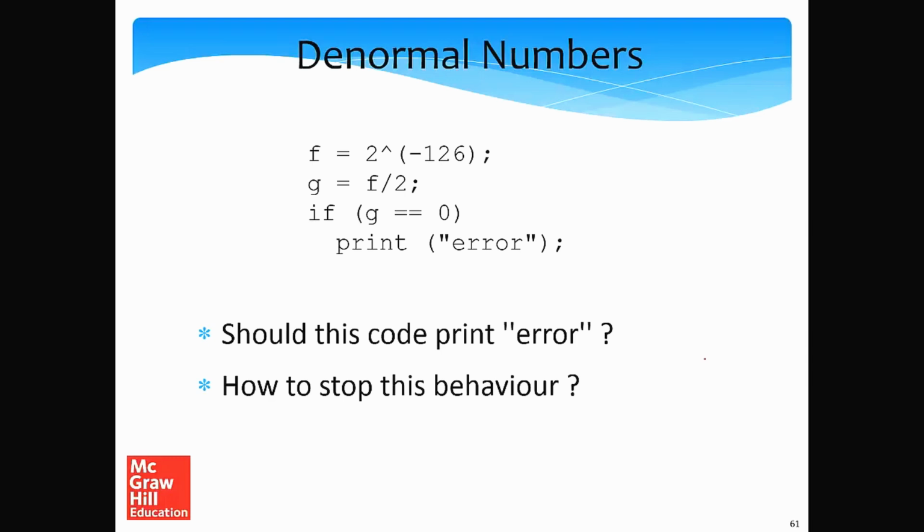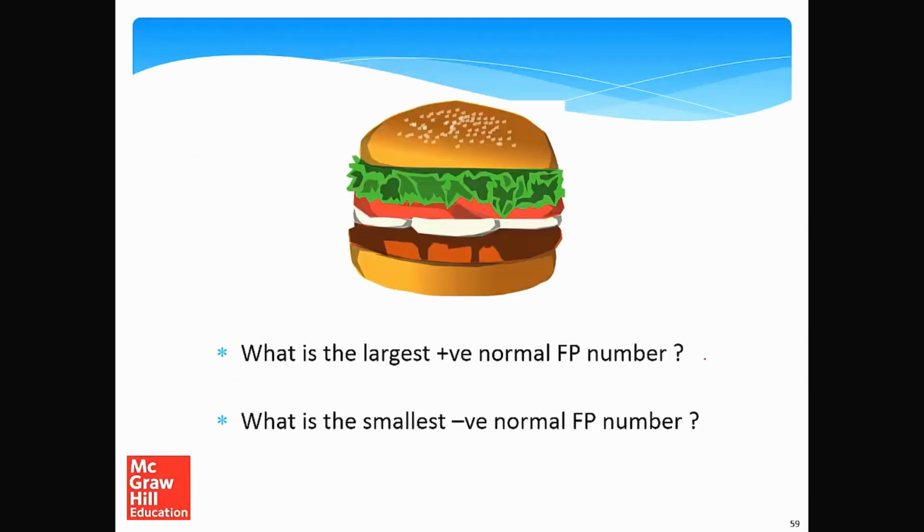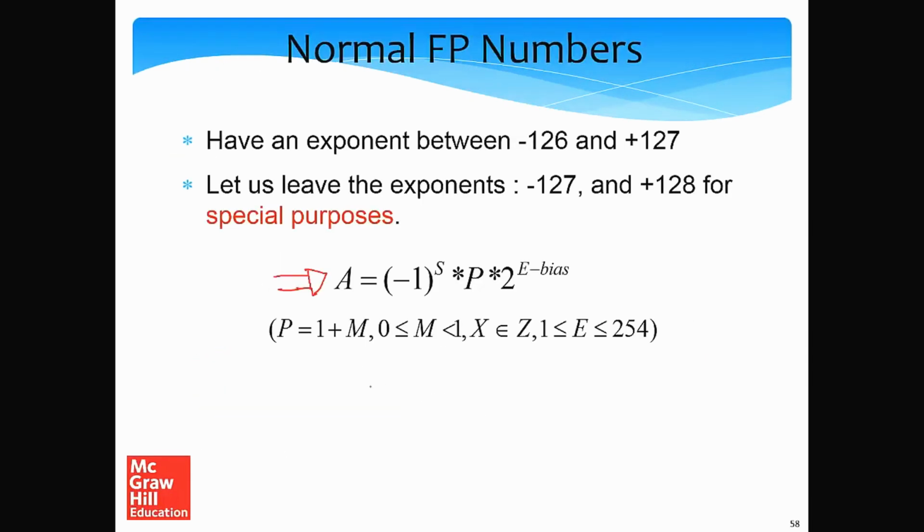Before going to denormal numbers, I just wanted to give an example of how we would represent a floating point number. Let's consider a number of the form minus 3. The first thing would be to reduce it to standard form, or a normal form, which is minus 1 to the power 1 multiplied with 1.5 multiplied with 2 to the power 1.